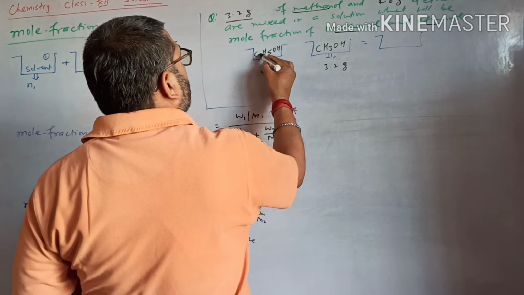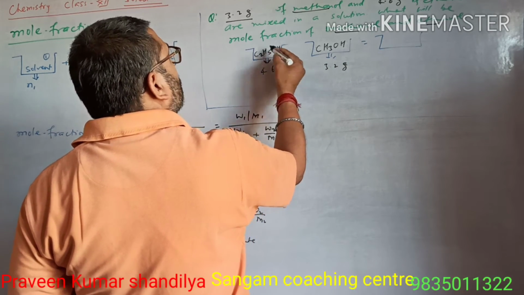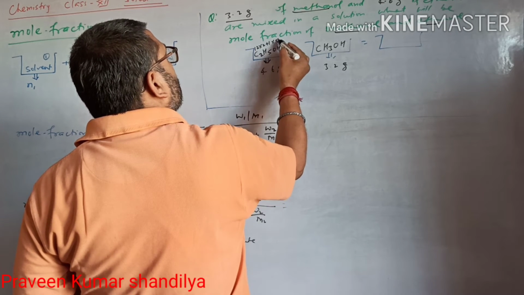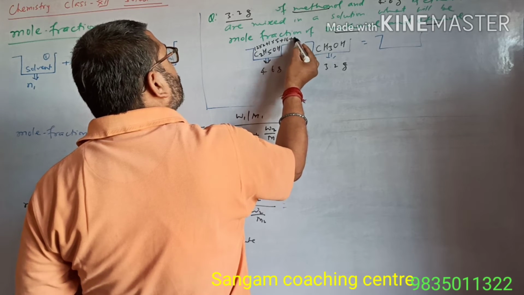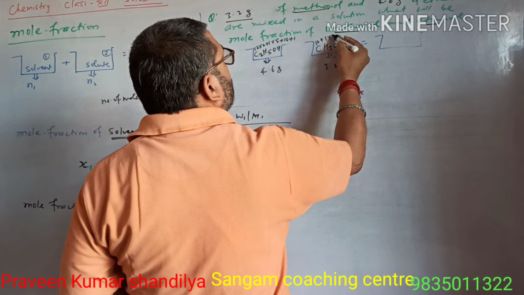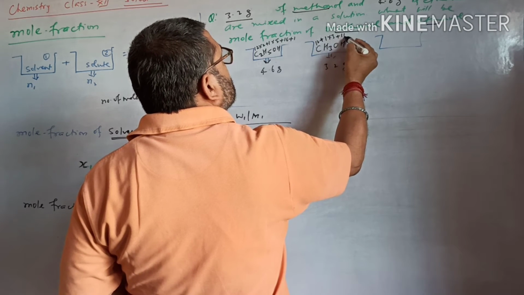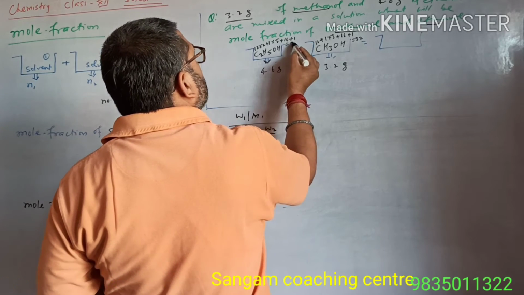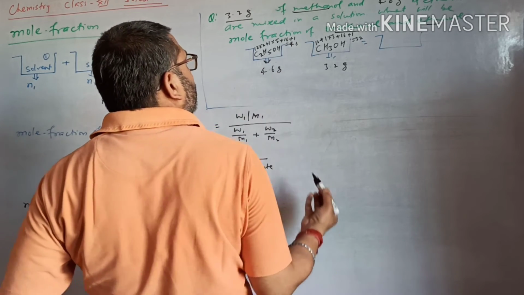How can we calculate the molecular weight of ethanol? 12 into 2 plus 1 into 5 plus 16 plus 1, and for methanol 12 plus 1 into 3 plus 16 plus 1. How much? It will be 32 for methanol, and 46 for ethanol.